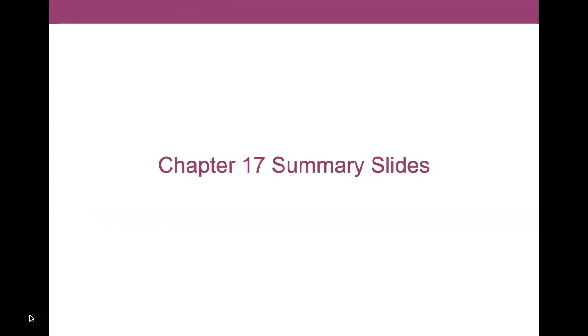Okay, so we can wrap up chapter 17, and then we'll move on to physical optics or wave optics in the next chapter. So let's briefly look at these summary slides for chapter 17, what we discussed in this chapter.